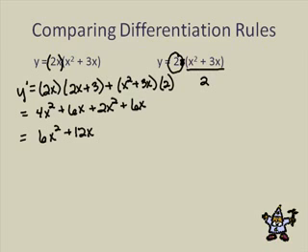So the derivative of that would be 2x plus 3. Because one of our factors was just a constant, we can simply do the derivative this way. So the derivative would be 4x plus 6. So that's the difference there.